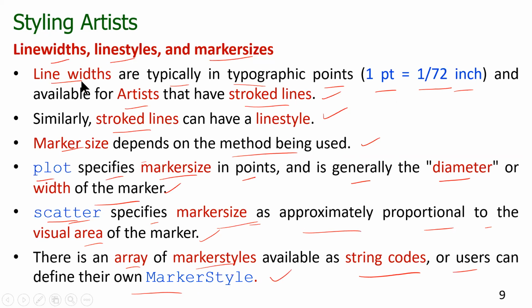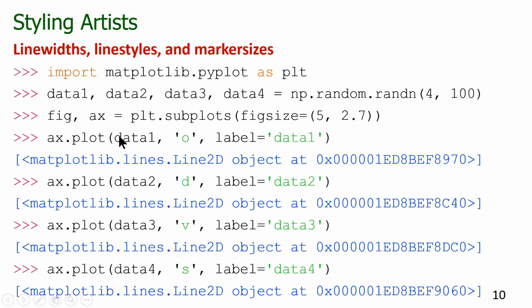These are the various parameters available here under styling artist. The following program uses all possibilities, with a combination of line width, line style and marker sizes. First we are importing plot, defining data 1, 2, 3, 4 with np.random of 4 to 100.